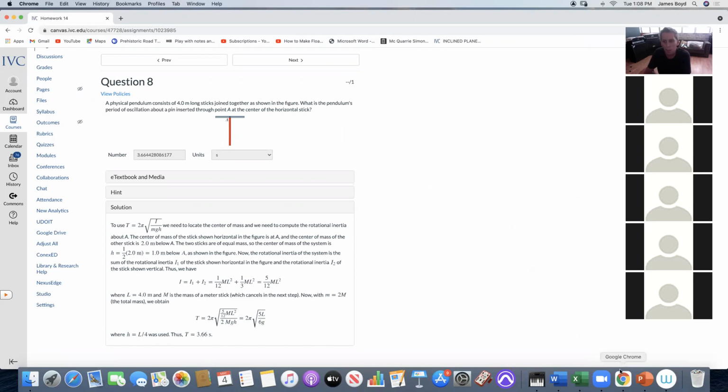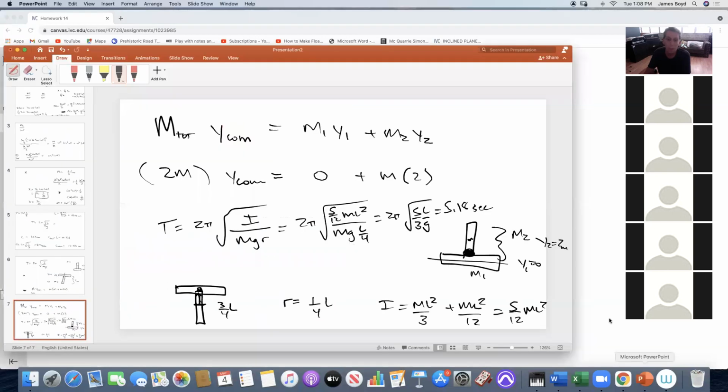What did I mess up there? Oh, I'm still dumb. I forgot this M is actually 2M because there's 2 of them. So total M. So this is 2M, which ends up being 6.